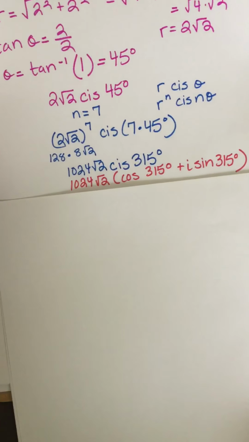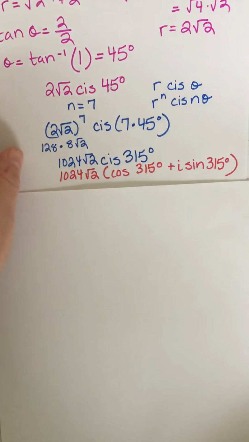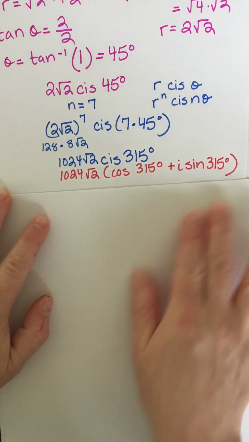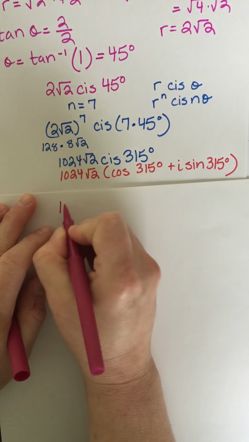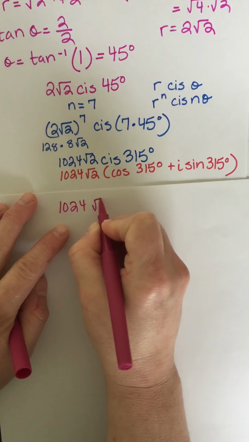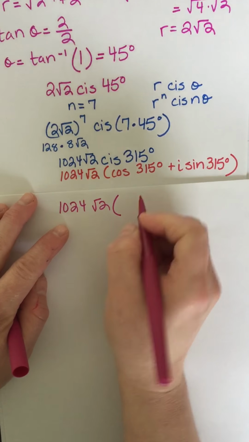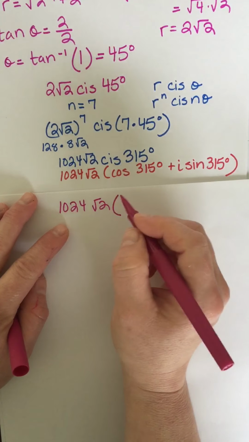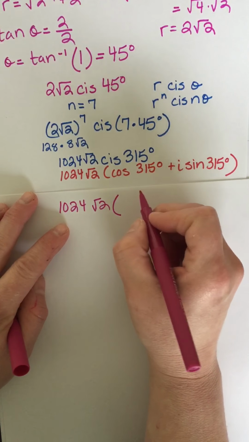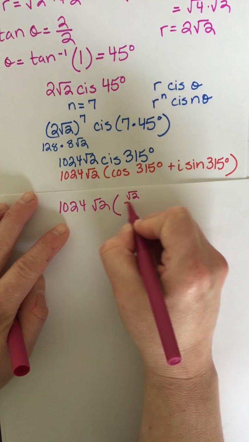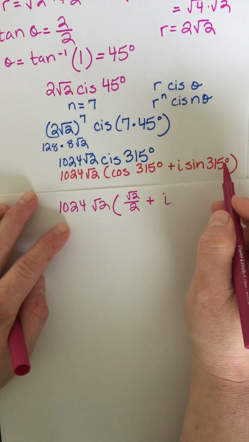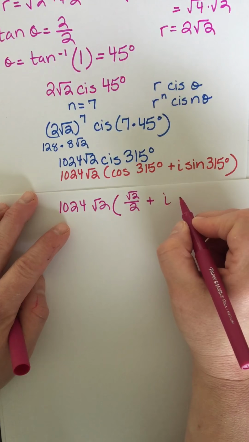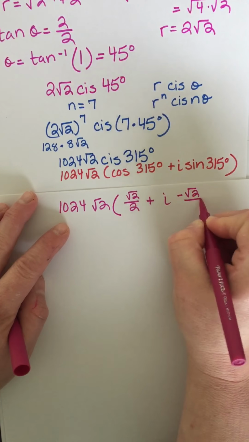All right, can you see that? Then you'll fill in these values. So that'll be 1,024 square root of 2. And then the cosine of 315 degrees over in quadrant 4 would be the square root of 2 over 2, plus i, and then the sine of 315 degrees is actually negative the square root of 2 over 2.